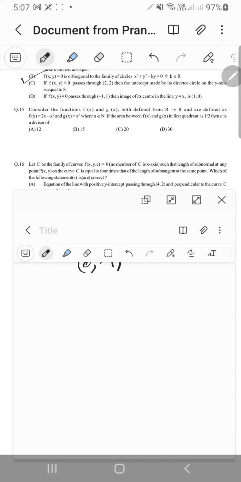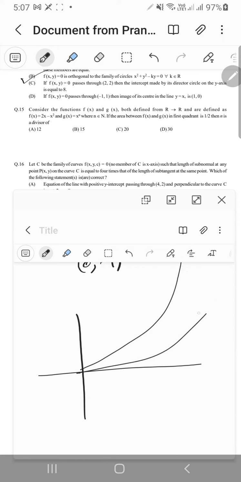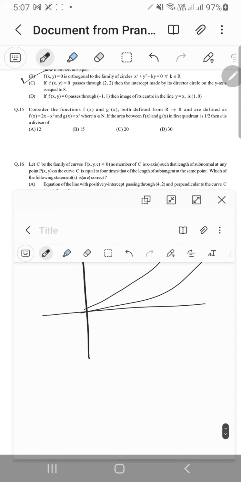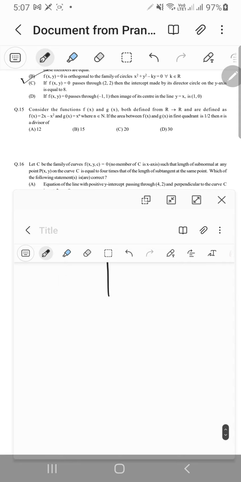Well, first of all, we know that n can only be 1 or 2, because if it was a cube, for example, then we know that cubes increase much more rapidly than squares do. So this area would basically just go to infinity.